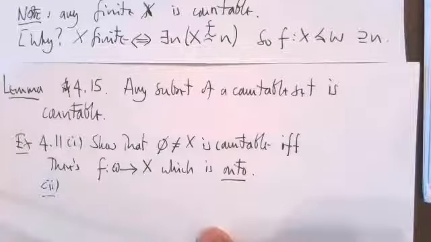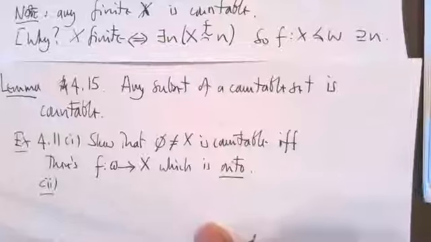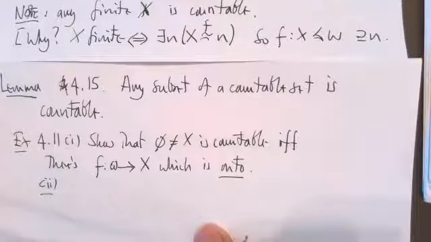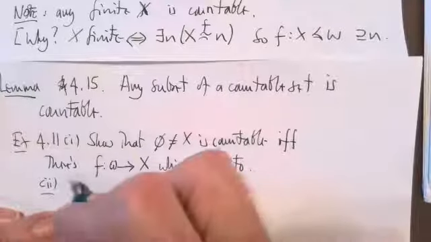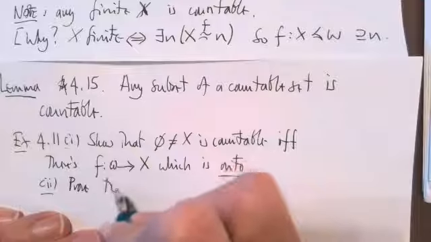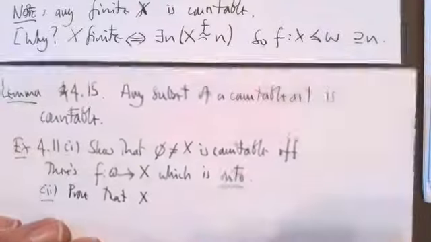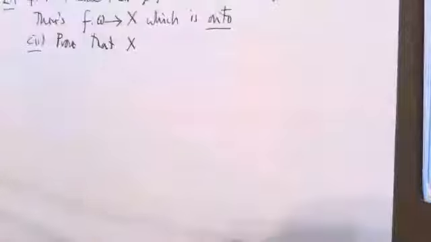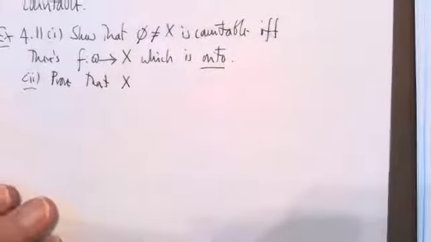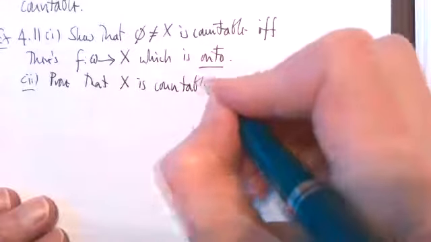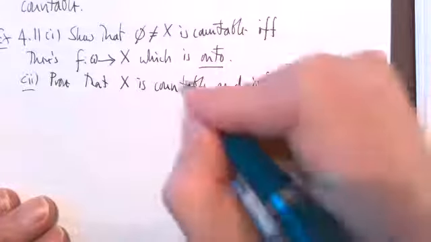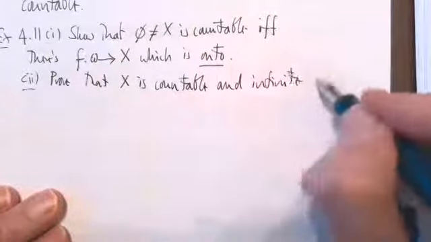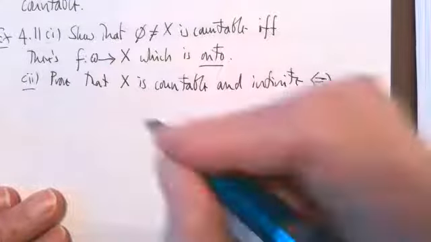Okay, so then the second part of the lemma here: prove that X is countable and infinite if and only if X is countably infinite.